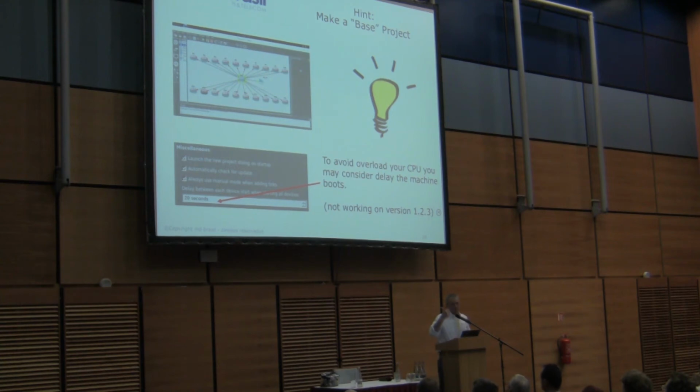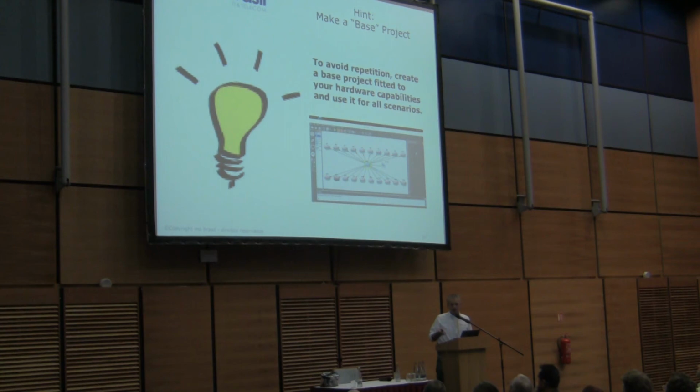There's a problem with this version 1.2.3 here, because I try to run the same 20 routers at the same time, and I have some problems when the routers are starting all at the same time. So I try starting each one manually, and there's no problem.